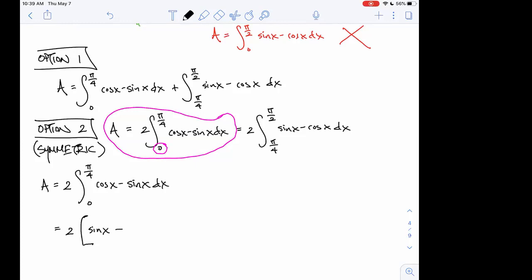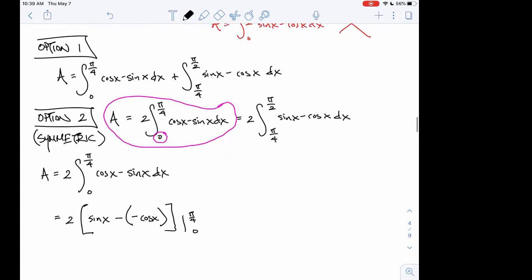And the integral of sine x gives us negative cosine x. And then I'm going to plug in pi over 4, and I'm going to plug in 0. Now I would definitely clean this up to say 2 times sine x plus cosine x from pi over 4 to 0, right? So I would distribute that minus sign.